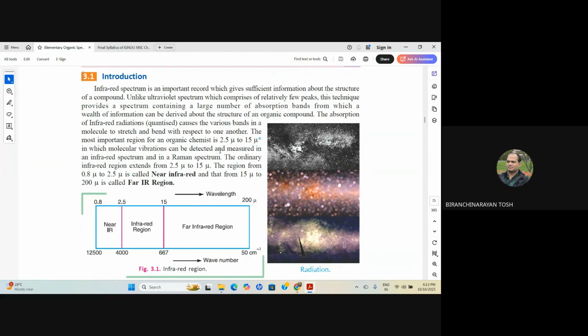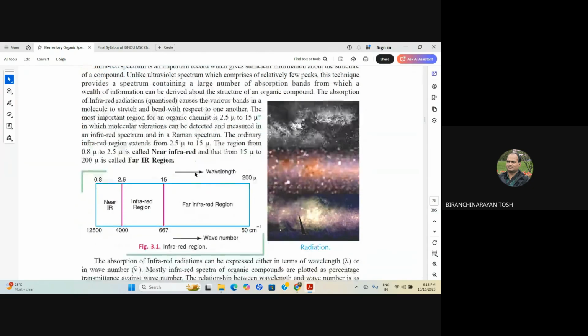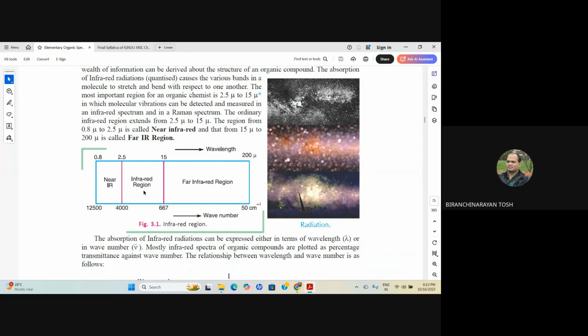Generally the infrared region is 2.5 micron to 15 micron, and below 2.5, that is 0.8 micron to 2.5 micron, is called near infrared. 2.5 to 15 is infrared, and 15 micron to 200 micron is called far infrared region. So this is the spectrum: near IR, IR, and far IR.